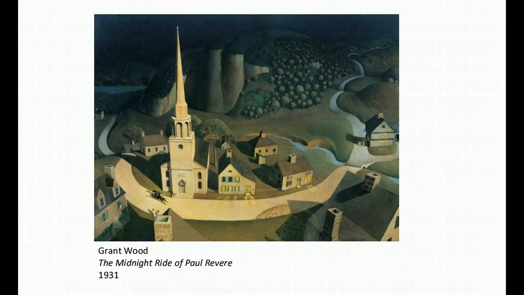This work, The Midnight Ride of Paul Revere, is meant to look as though a very important story of American history is set in a toy landscape. In other words, he's saying American history is not giving you the full story, it's giving you the child's story.